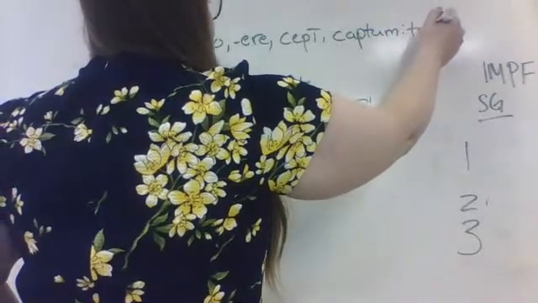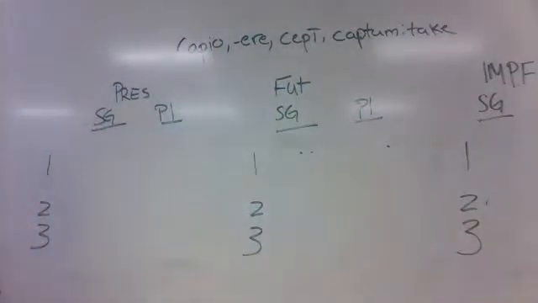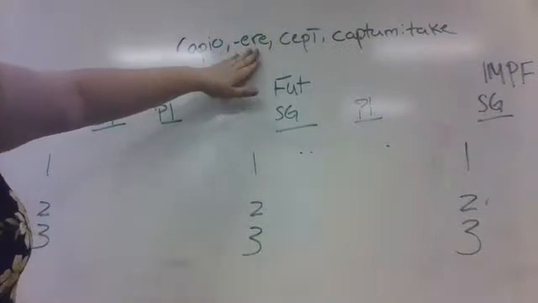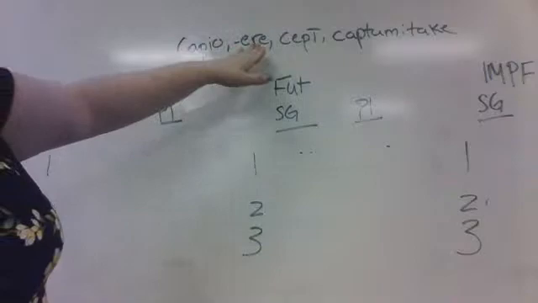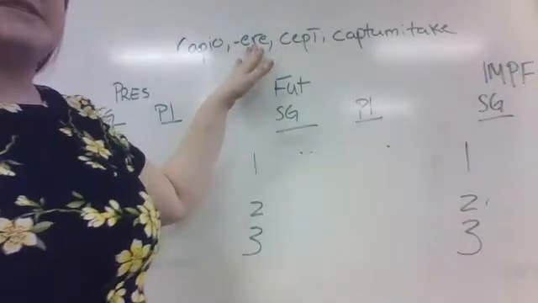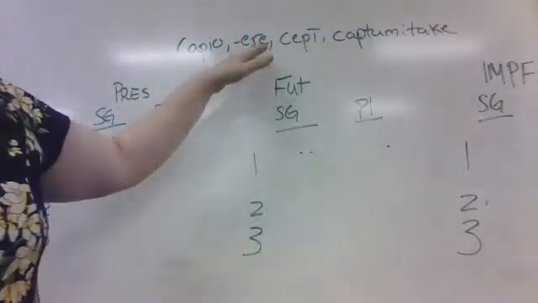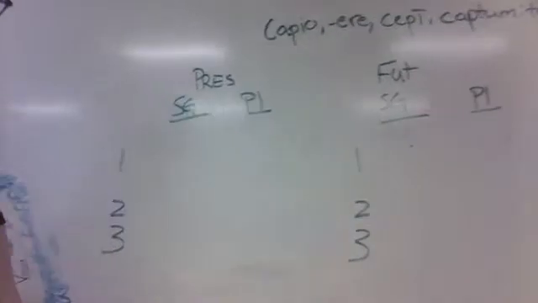And these mean to take, receive. So we look at this, we see IO, we think maybe fourth, but then we look at the ERE and we say that is third, so third conjugation, third IO.